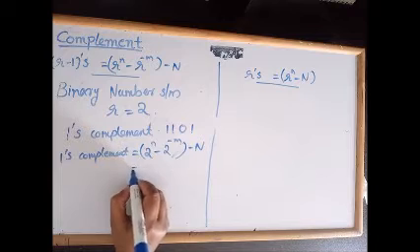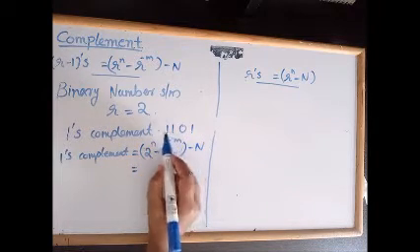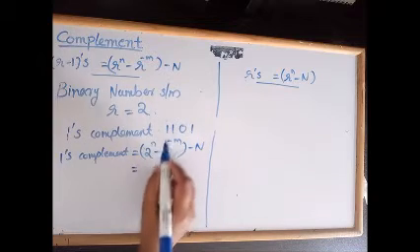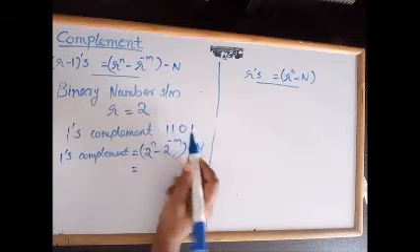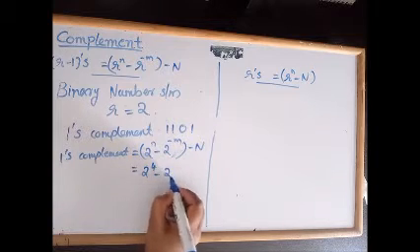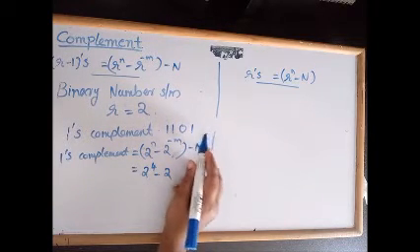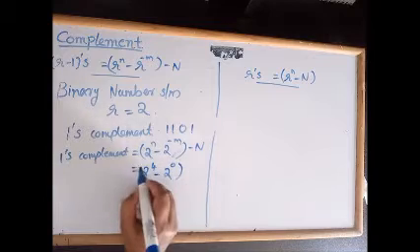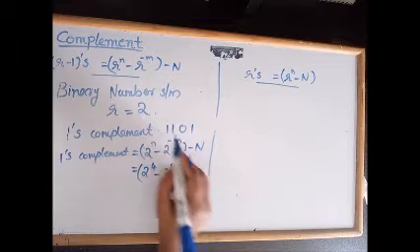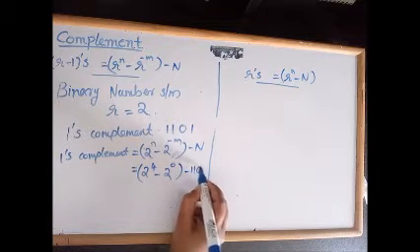So what is 2 raised to n? N is the number of digits before the floating point, that is in this case 1, 2, 3, 4. It is a 4-digit number, so it will be 2 raised to 4 minus 2 raised to minus m, no floating point, so it will be 0, minus n represents your number, that is 1101.